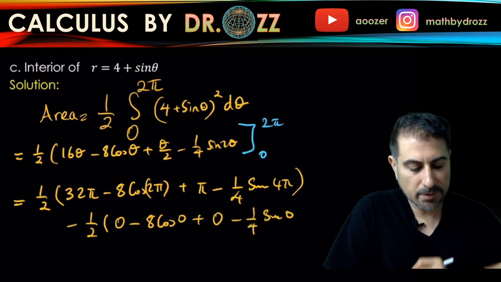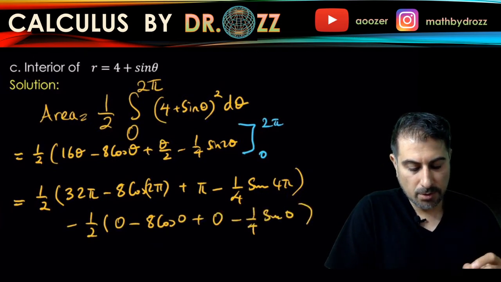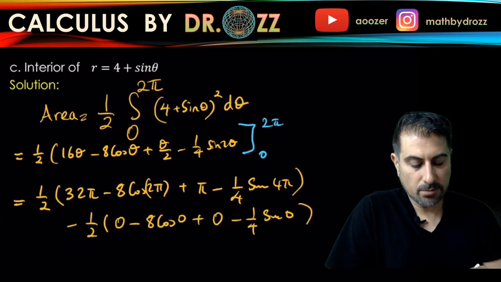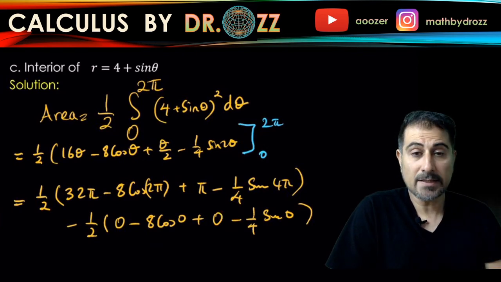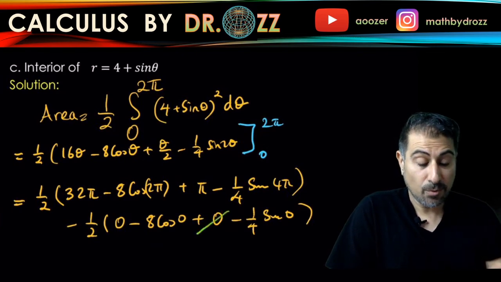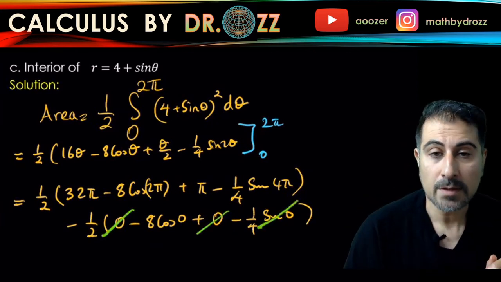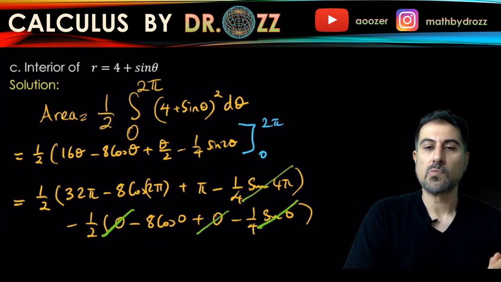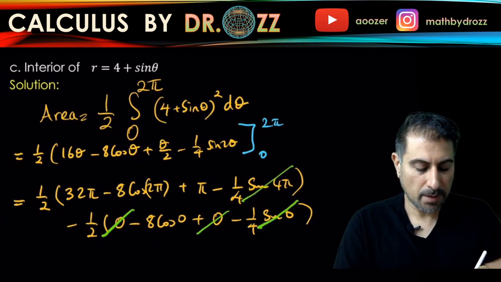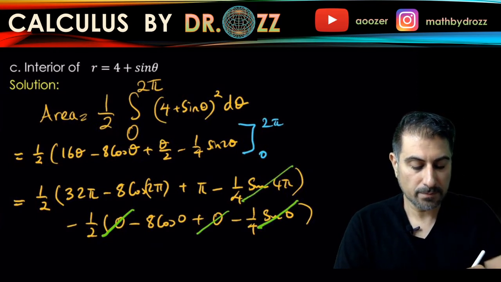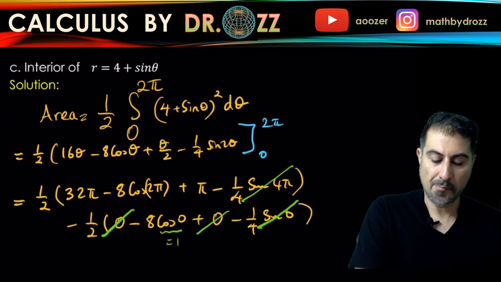Let's see what goes away. The 0 terms, sine 0, and sine 4 pi are all zeros. And cosine 0 and cosine 2 pi are both 1.